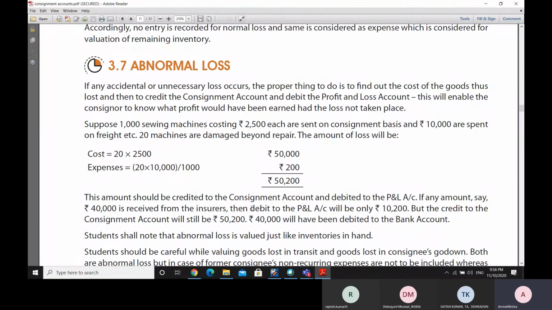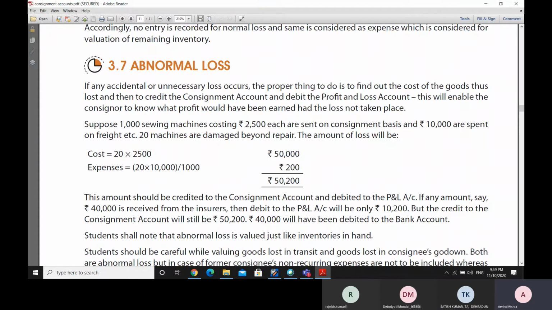Our intention is to find out the profit on the consignment. So whatever abnormal loss has happened, we add back to the consignment account as a profit, and we debit the profit and loss account and credit the consignment account. By doing that, we come to know the profit on the consignment that would have happened to us in case this abnormal loss had not happened.